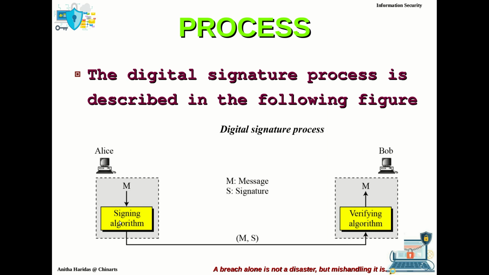S is the signature which will be generated by the signing algorithm, and the message M and the signature S will be sent through the insecure channel to Bob, and Bob will receive both message and signature.